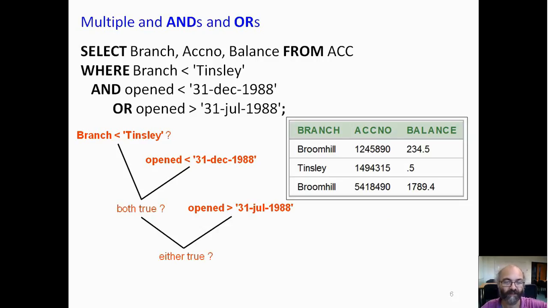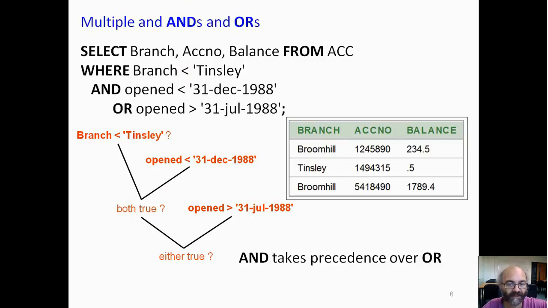If the combination of the first two is true, or alternatively, if this last condition is true. That set of conditions gives us every row.